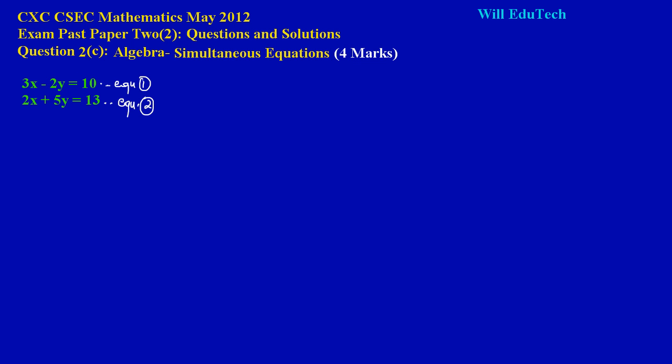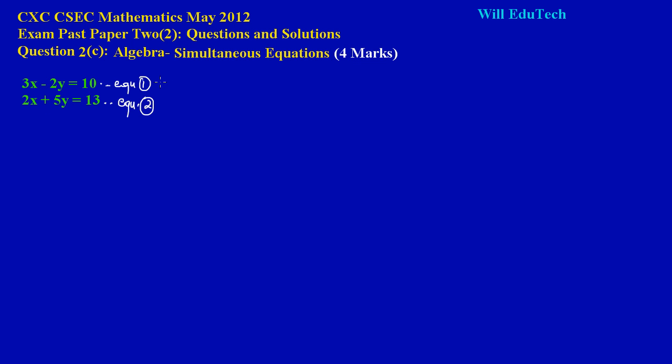Now, since I've chosen to eliminate my y's, in equation 1, I'm going to use the coefficient of y in equation 2 to multiply my equation 1. If you notice, this is a positive 5 here. My coefficient for y in equation 2 is a positive 5, and it's very important that you watch the sign.